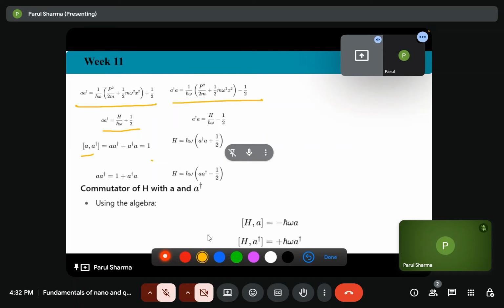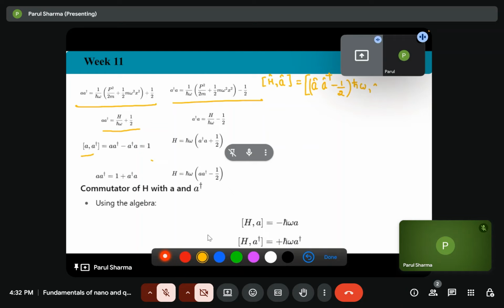So if you want to calculate the commutation relation of H and the annihilation operator a, we can write it. What was H in terms of a and a dagger? We can write H as h cross omega (a dagger a plus 1 by 2).